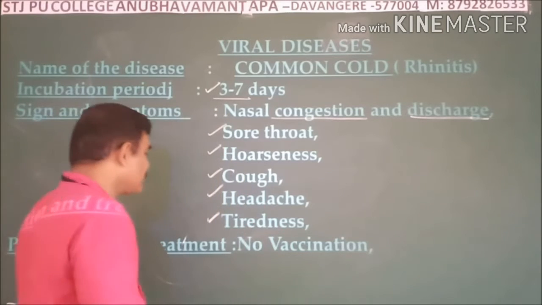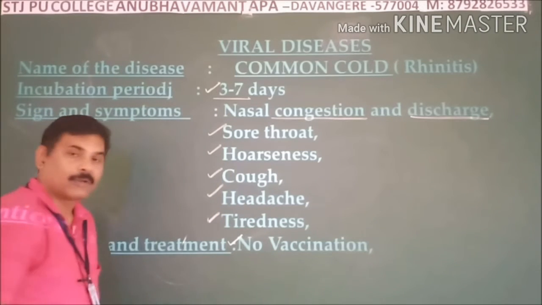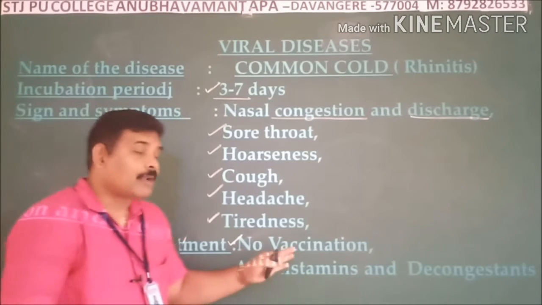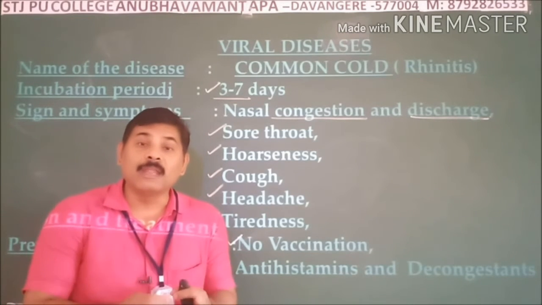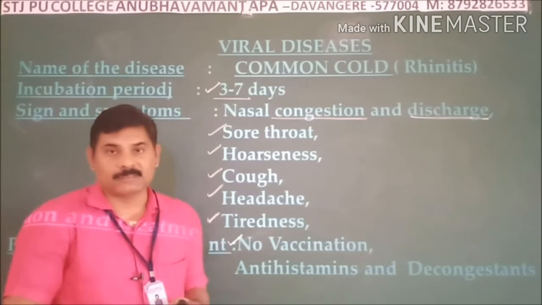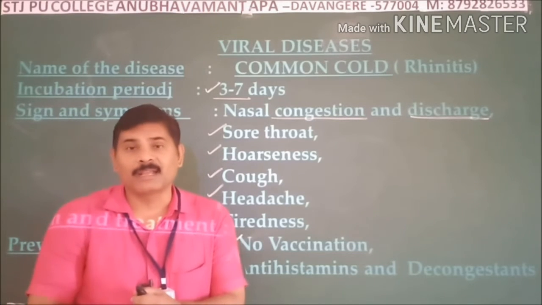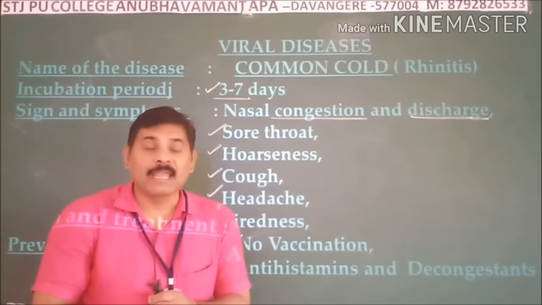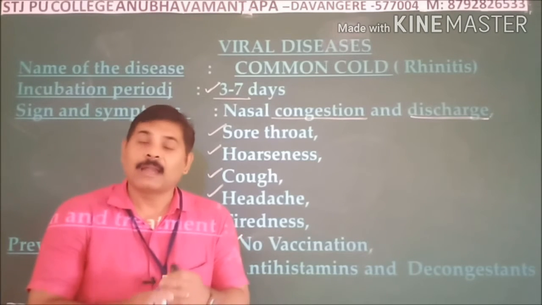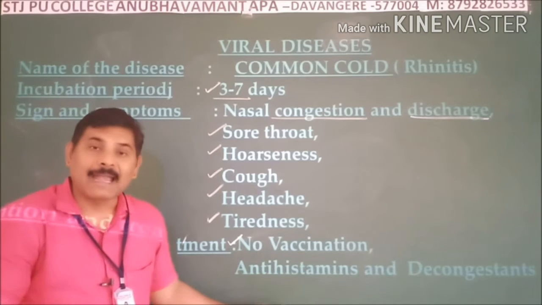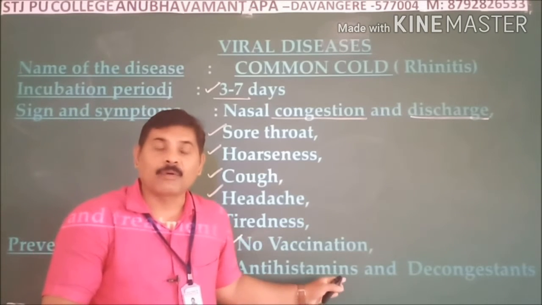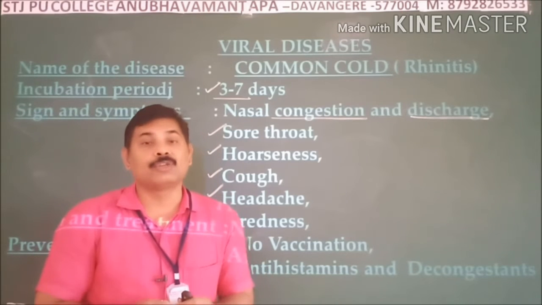So there is no vaccination for the common cold. That is an important thing to be noted. Only drugs are available to relieve you from the symptoms, so only symptomatic therapy is available to us. Symptomatic therapy includes taking various types of drugs; one is the antihistamine. When you are suffering from this, histamine, a kind of chemical, is released into your body.